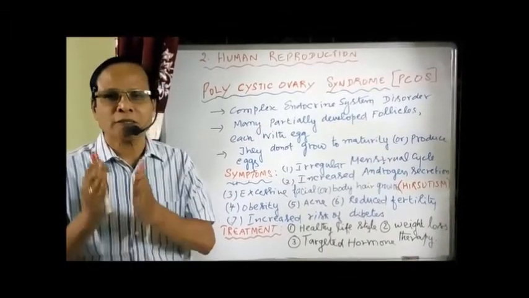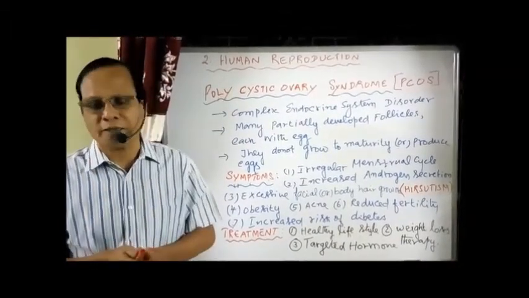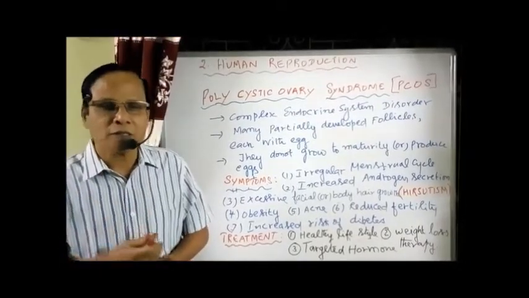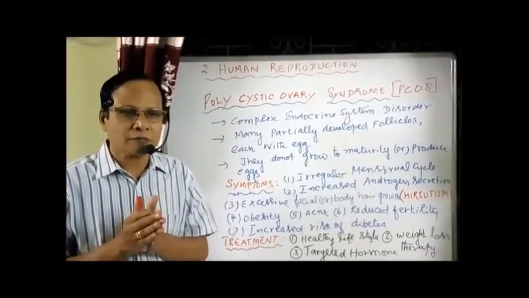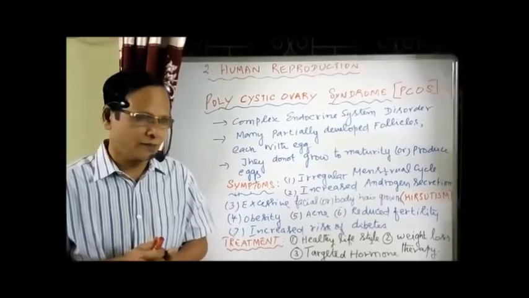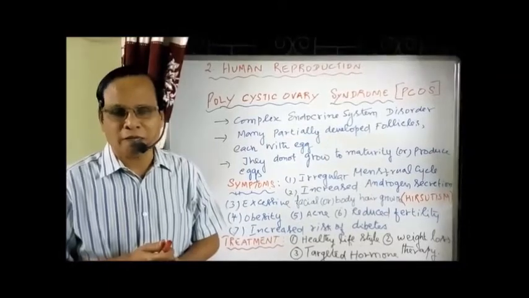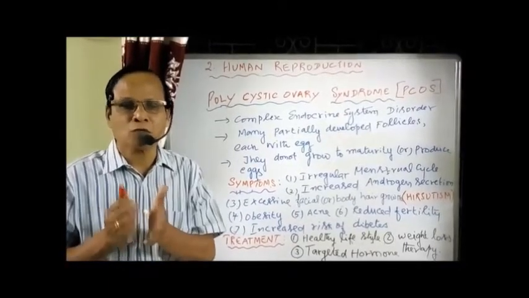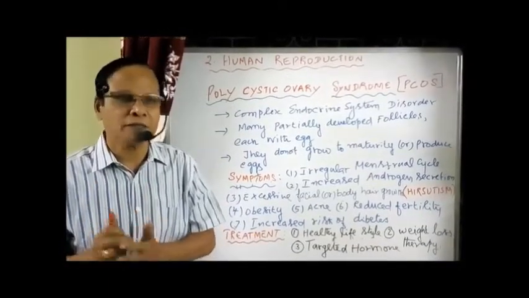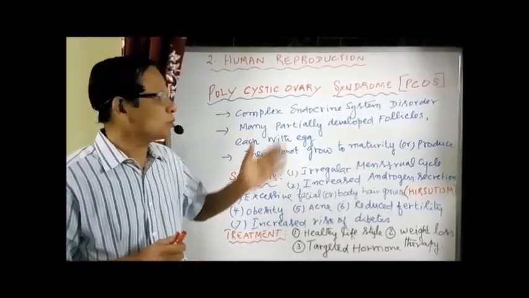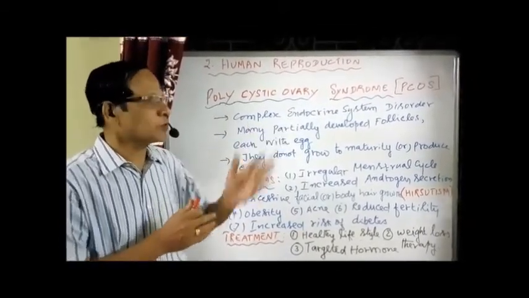When the secretion of androgen increases in a female, she develops certain masculine characters. The increased androgen produced by the cortical cells of the adrenal gland is one of the major effects on the ovary. That's why we have PCOS.